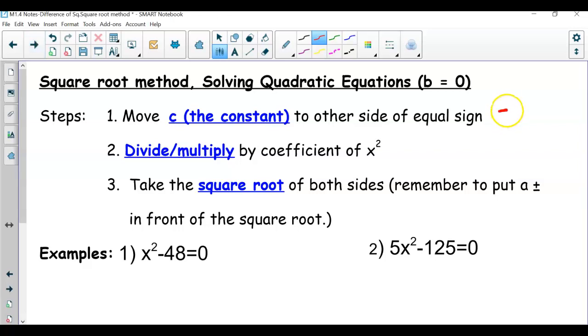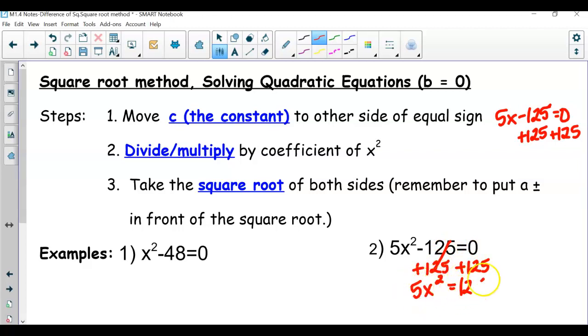If I were to solve 5x minus 125 is equal to 0, if I'm solving for x, what would you do first? Add the 125. Well, guess what you're going to do first here in number 2? Add the 125 to both sides of the equation. So now you've got 5x squared is equal to 125.